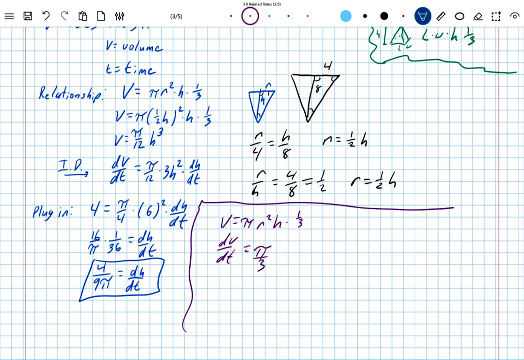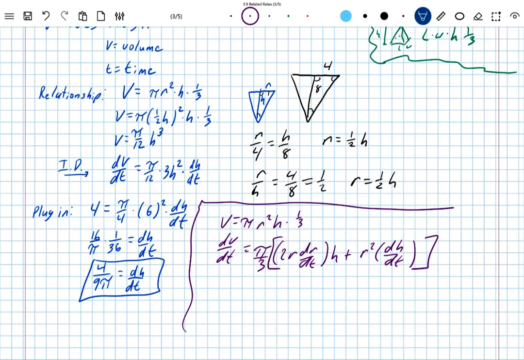Now I've got a big product rule, 2r dr/dt, leave the h alone, big old brackets here, plus r squared dh/dt.